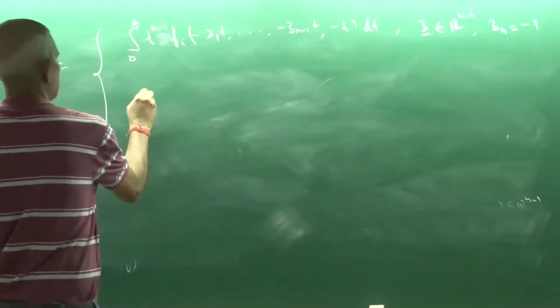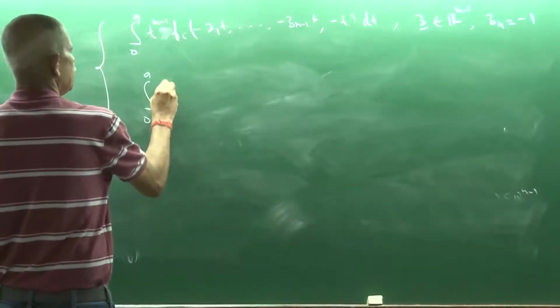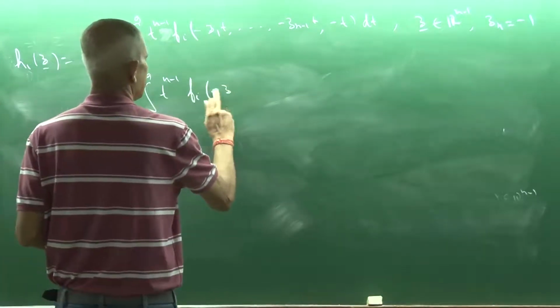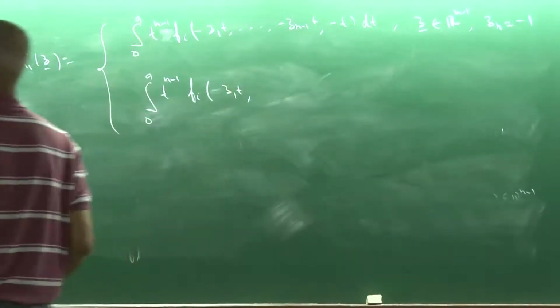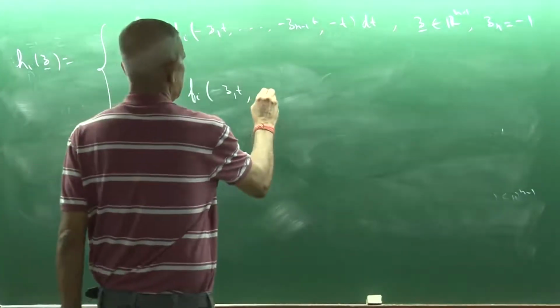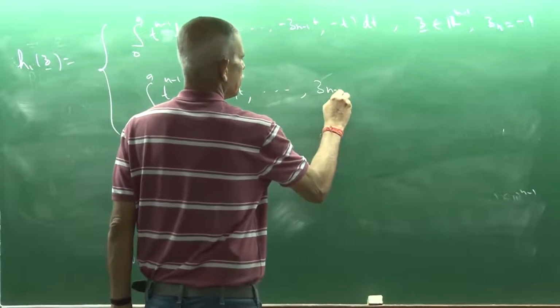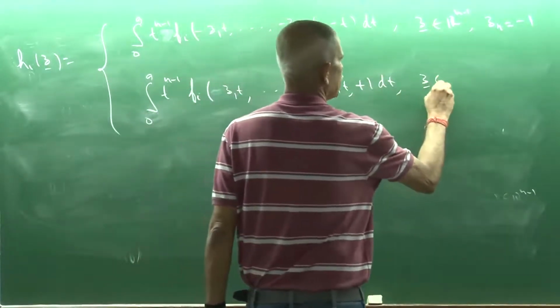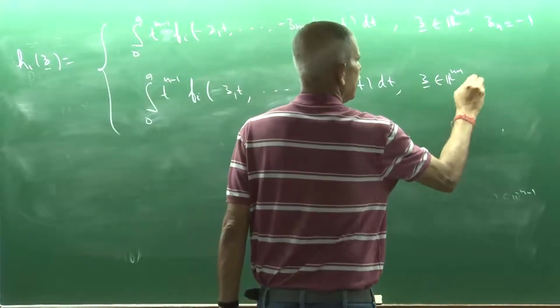This is the same as the integral from 0 to infinity of t to the power n minus 1 times phi of z1 t, ..., zn minus 1 t, t dt, for z in R^(n minus 1) and zn equal to 1.